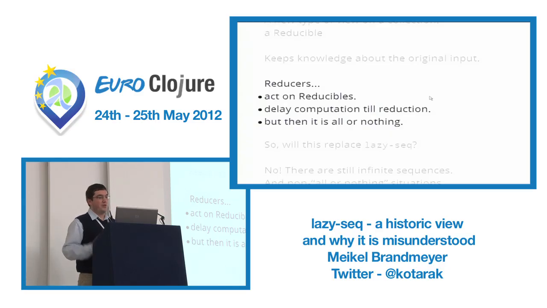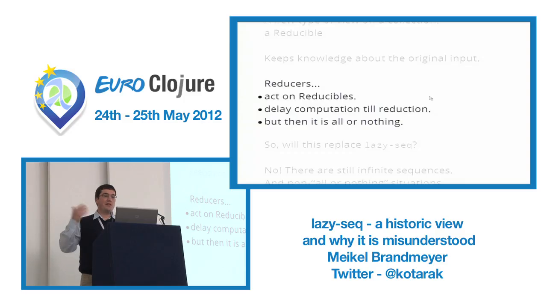So you can get the same way of structure-independent computation, but the information about the input structure is kept all the way through. The computation is really delayed until it's really required, so it's still lazy. And the downside is it's all or nothing.